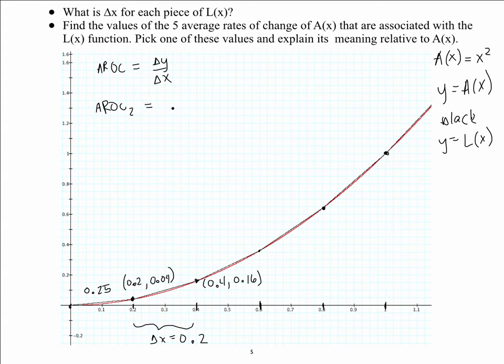Then I could say that would be, so what is the change in y? Yeah, right? It's literally the change. So we talked about how differences allow us to compute changes relative to a change in x. So 0.4 minus 0.2, right? And that gives me what?